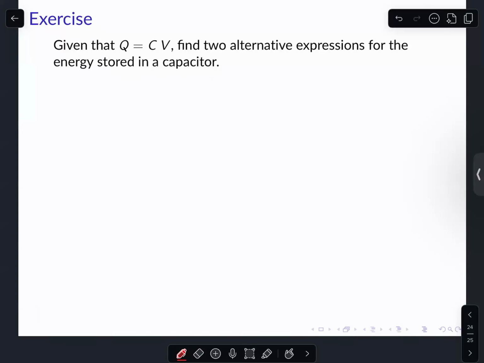I ask you then, Google questions G and H. Tell me, can you plug in? I'm going to give you total charge times total voltage. And I'm going to give you that charge equals capacitance times voltage.